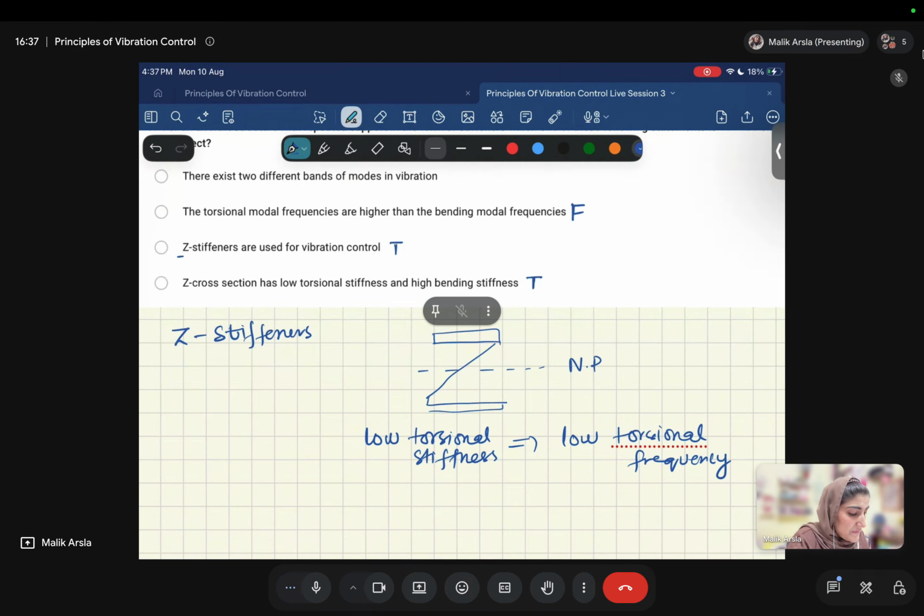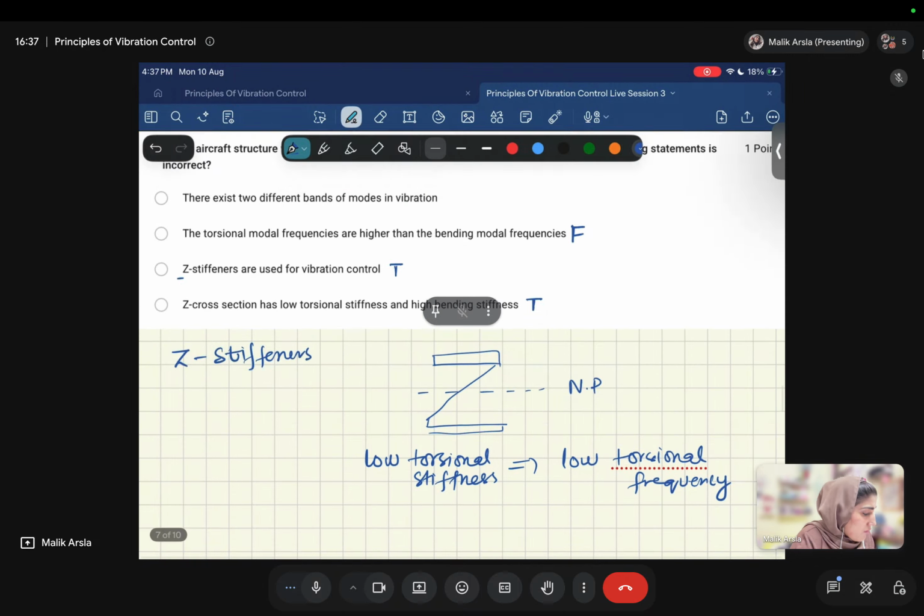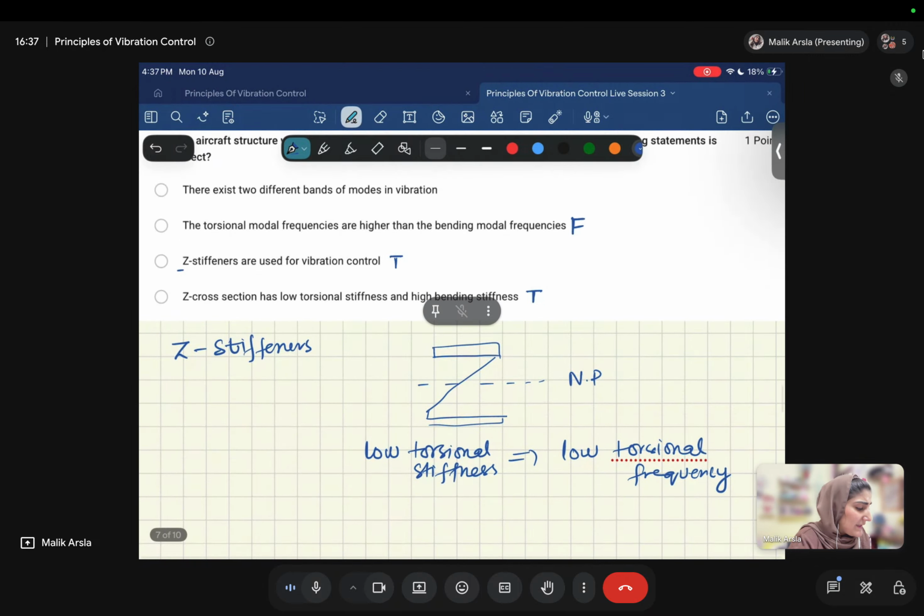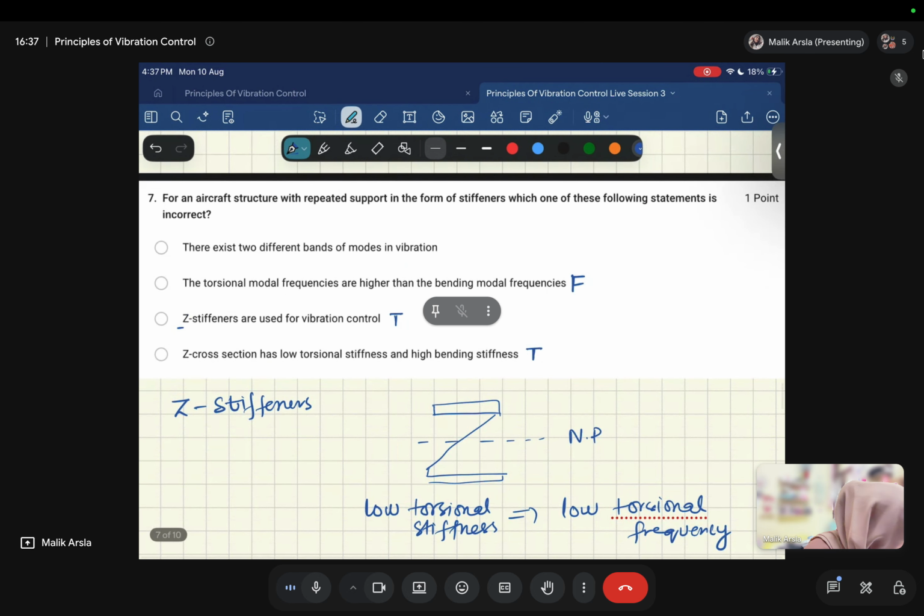There are two modes, one is bending dominated, one is torsion dominated, as both bending and torsion can happen in the aircraft stiffened structure. So this is also true. So the only incorrect option here is option 2. So that should be our answer for question number 7.